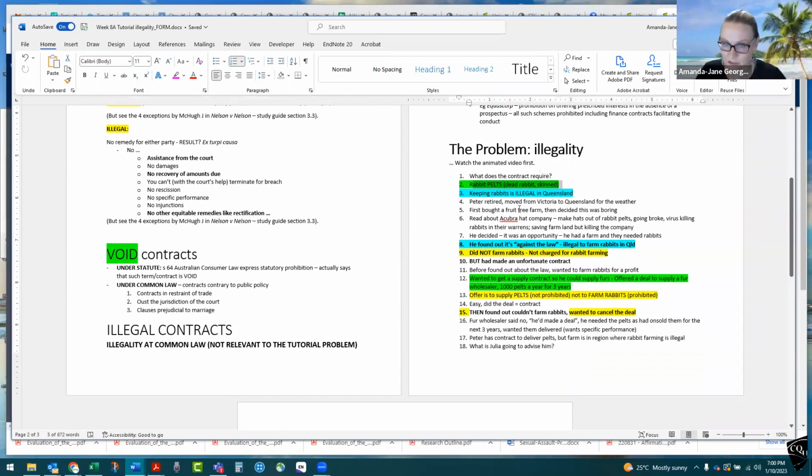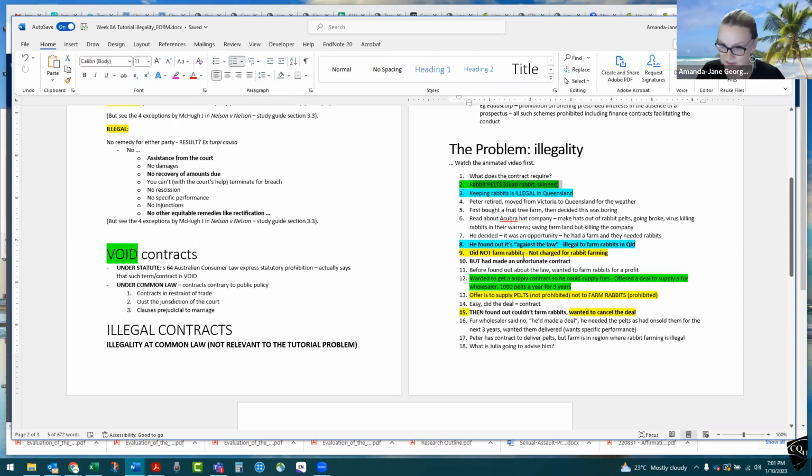Keeping rabbits is illegal. He's retired, moved up here from Victoria, bought a fruit tree farm, thought that was boring, read about Aquabra hats, thought he'd be able to make a bit of money. So he had a farm, they needed rabbits, but he found out that keeping rabbits is against the law.